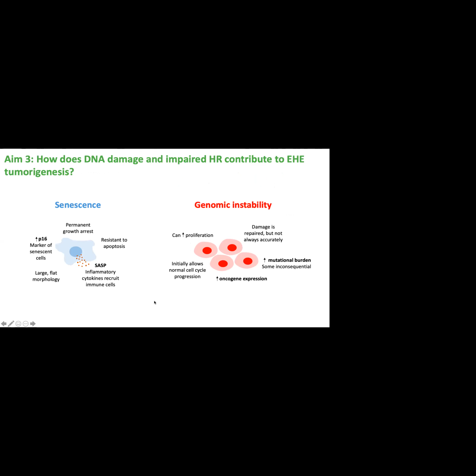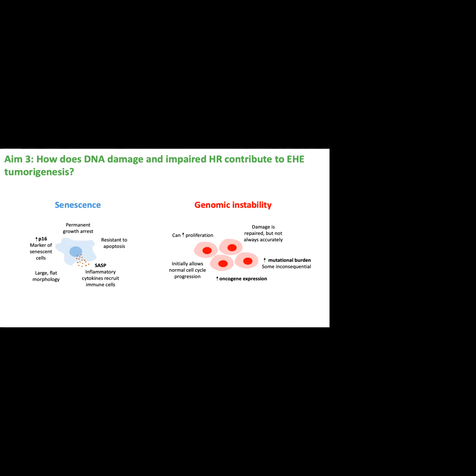And then the next aim really was to look at how the DNA damage accumulation and the impaired homologous recombination contribute to EHE progression and development. So again, from what is already known, we know that unrepaired DNA damage in a lot of cases will lead to cellular senescence.